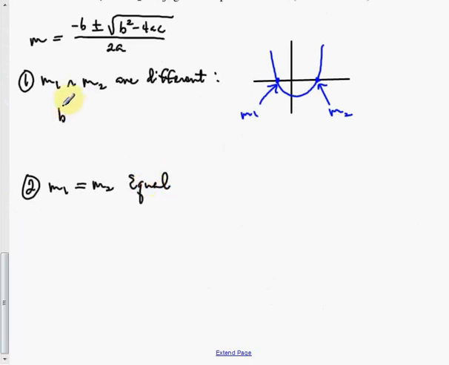Now for this guy, we call that the discriminant. B squared minus 4AC was positive. For this one, the discriminant, B squared minus 4AC, is equal to 0.